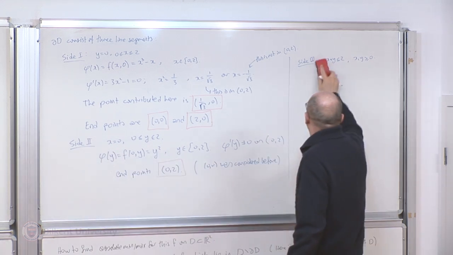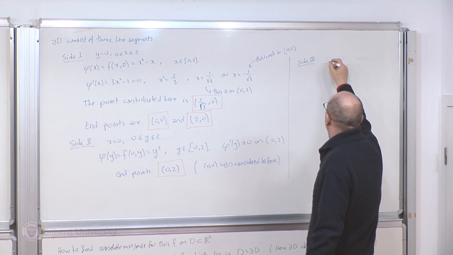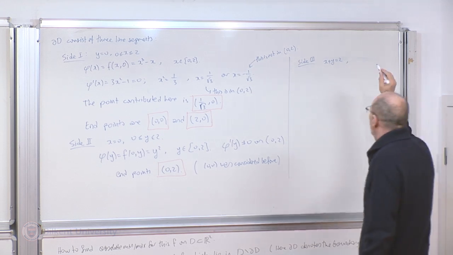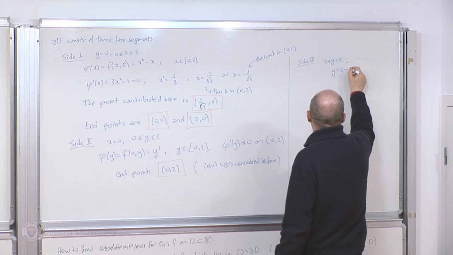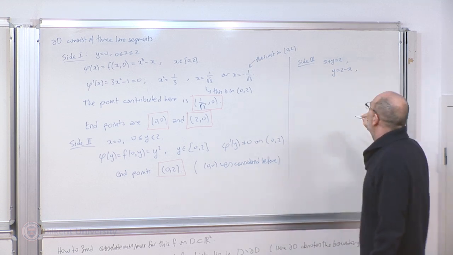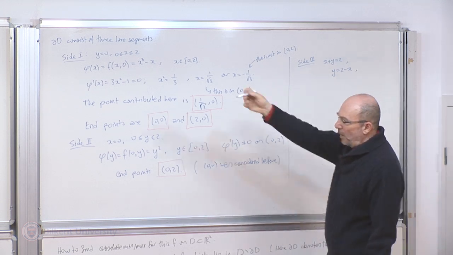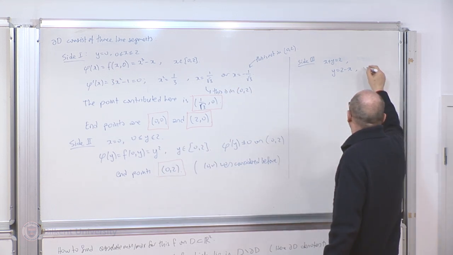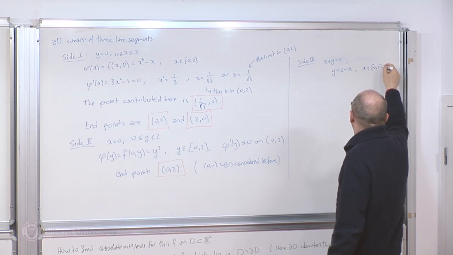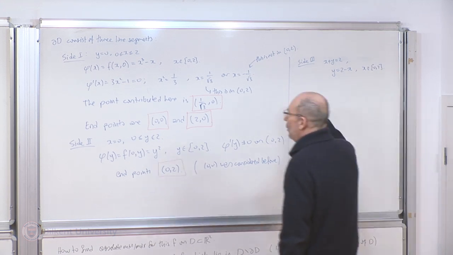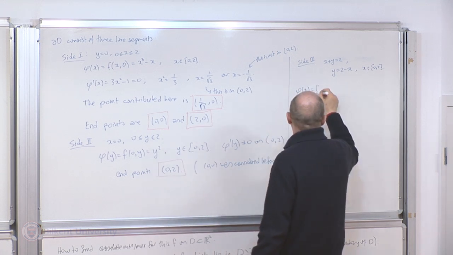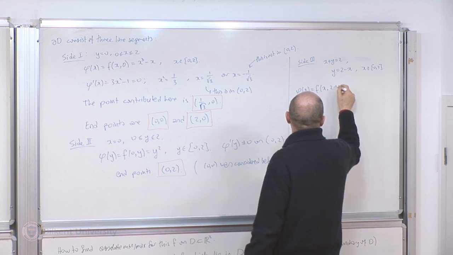So the equation of that straight line is x plus y equals 2, and I can solve one of them in terms of the other. Let's say y is equal to 2 minus x. Now I have to decide where x is. Remember, that's why we draw those pictures. x is between 0 and 2. So my function phi of x is going to be f of (x, 2 minus x).